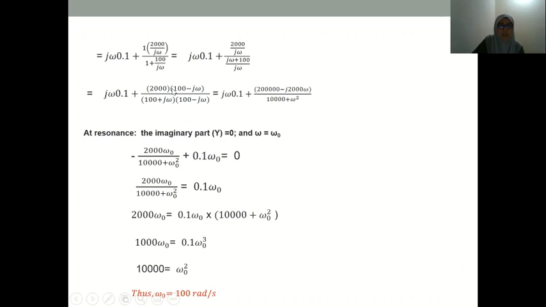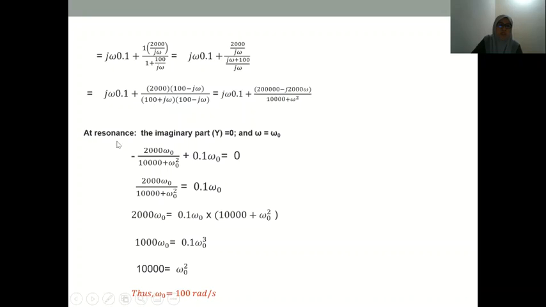You multiply the denominator by its complement: if you have the denominator 100 plus j omega, the complement is 100 minus j omega. But you also do the same multiplication with the numerator side. So finally you will get about 200,000 minus j 200 omega, divided by 10,000 plus omega squared, plus j 0.1 omega.